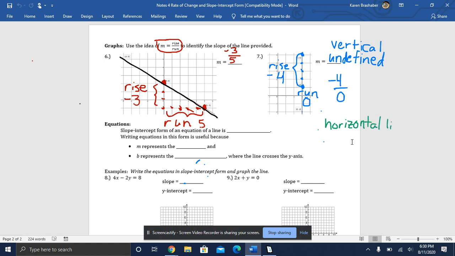So vertical line, your slope is undefined. Horizontal line, your slope is 0. I'm going to go ahead and write the word line right there. Vertical line, slope undefined. Horizontal line, slope is 0.